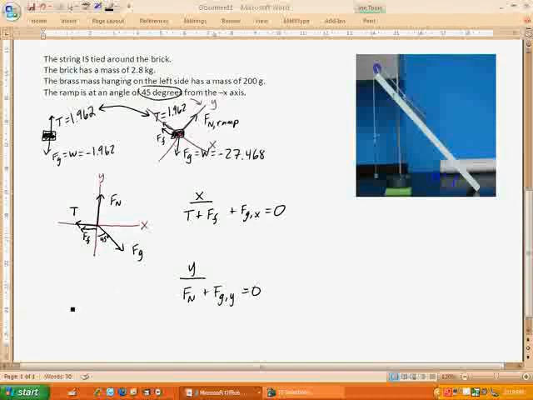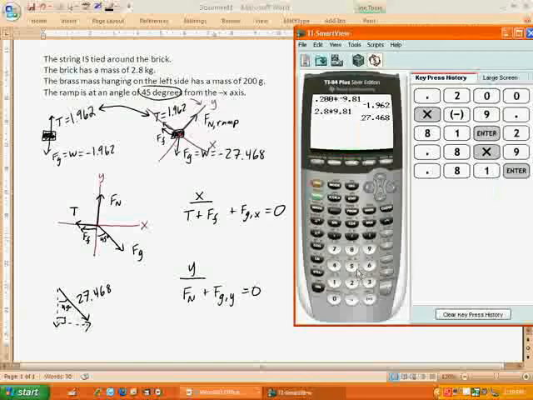If you need a little more space, go ahead and draw the force of gravity over here, right? There's your y component. There's your x component. We know the force of gravity is 27.468, and so now you should be able to get the x and y components for that. We know that these angles are both 45, since this is a right angle. So we can just use 27.468 sine 45.